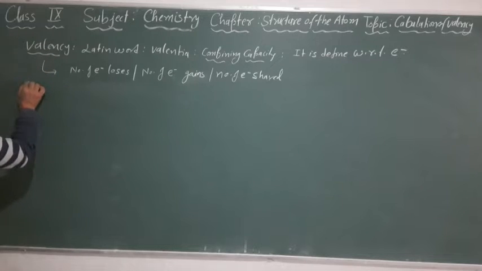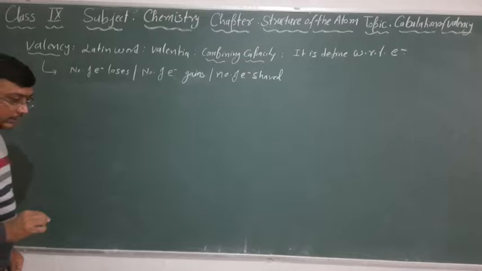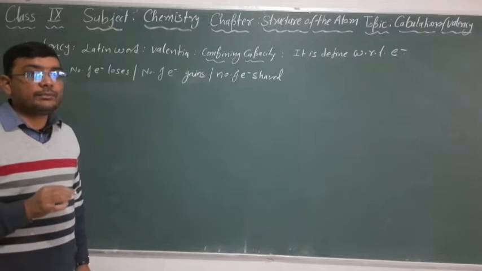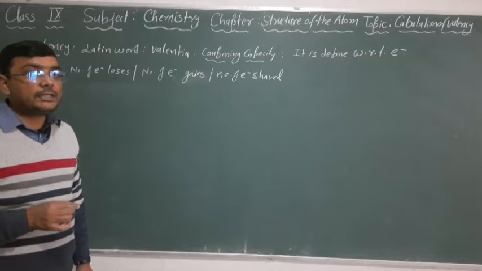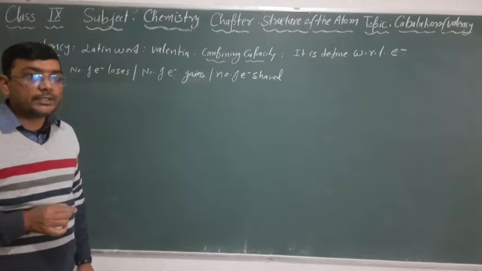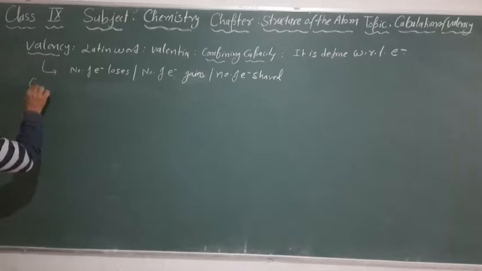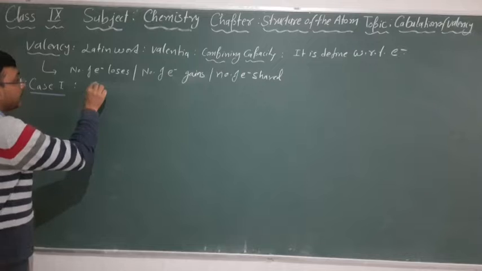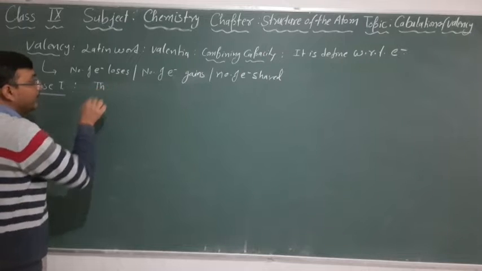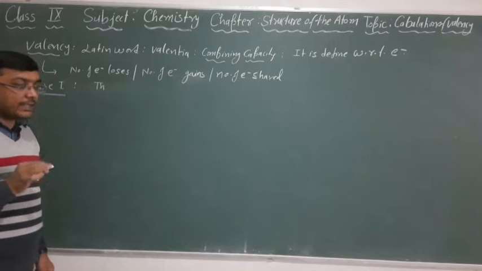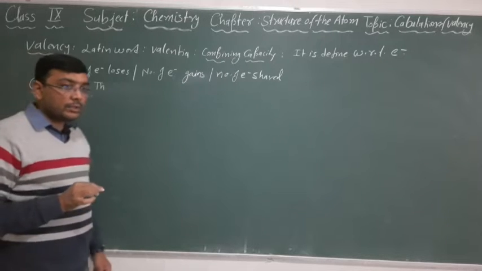As we know, when we calculate the valency, there are two cases, or we can say two ways we can find the valency of an atom of the element. Case first: valency depends on the number of valence electrons, and how do we get to know that?